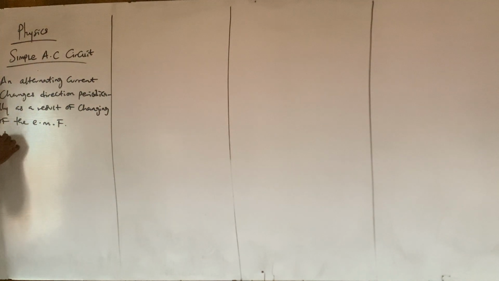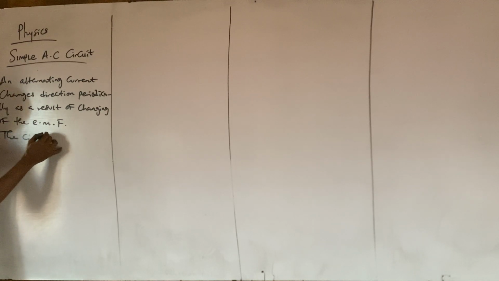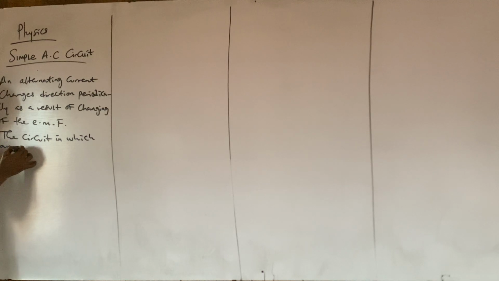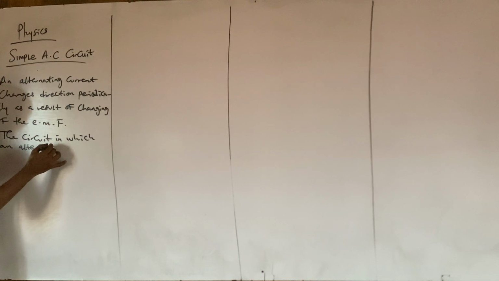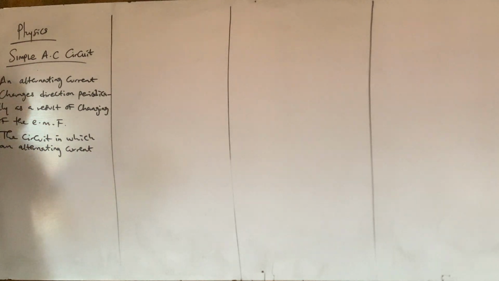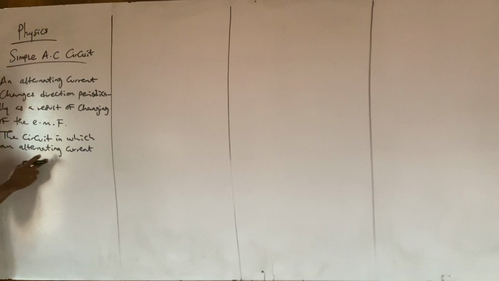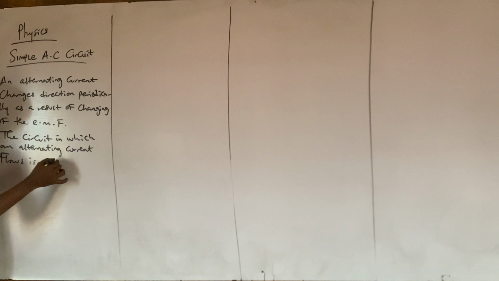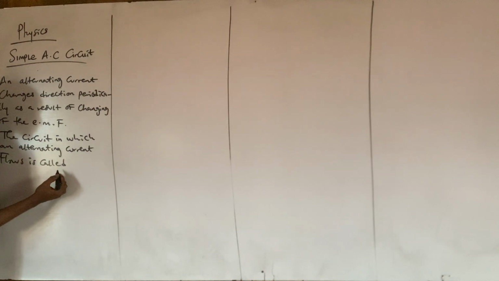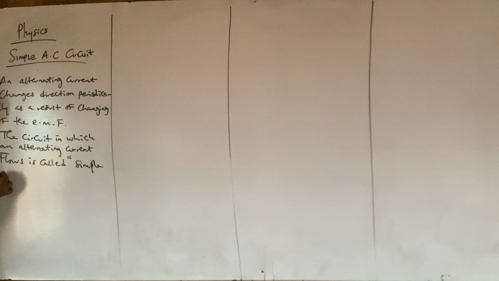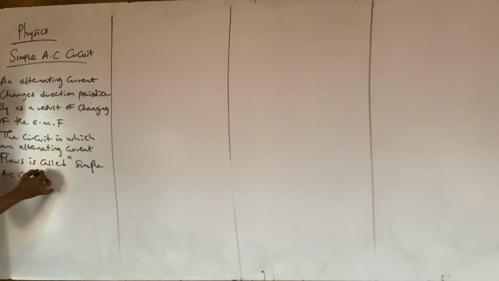The circuit in which an alternating current flows is called a simple AC circuit. Are you there?